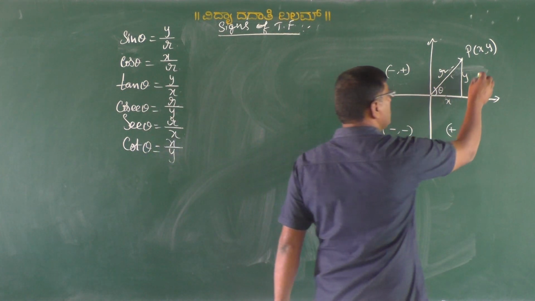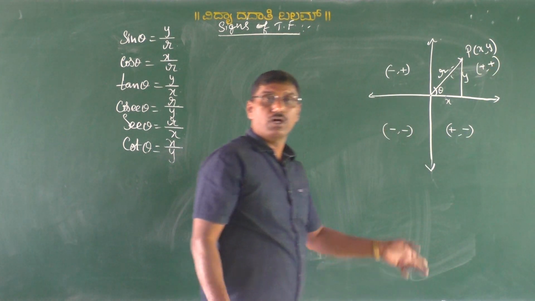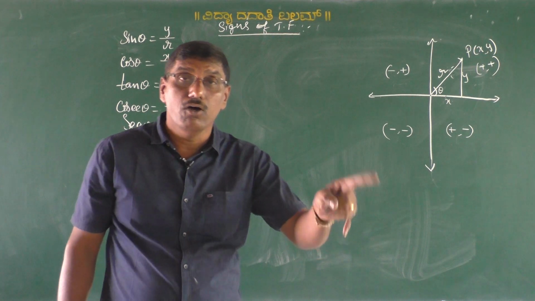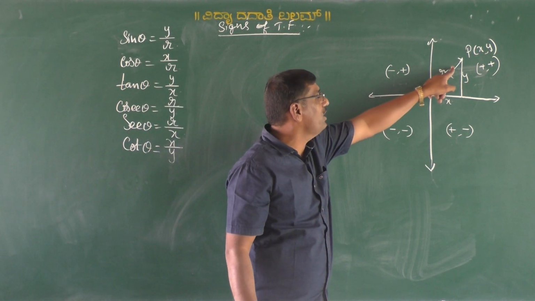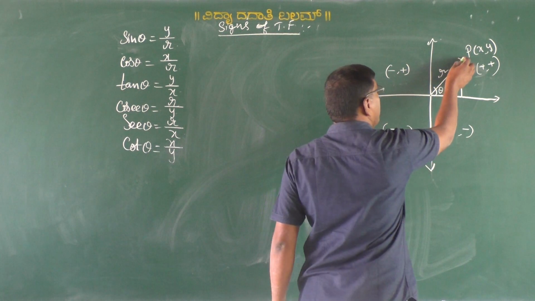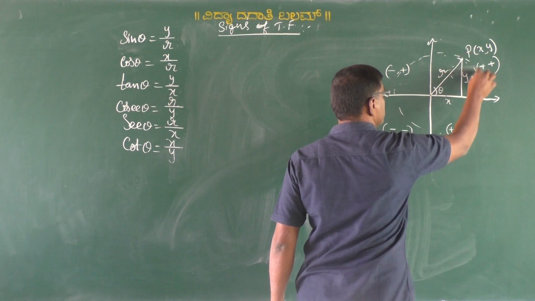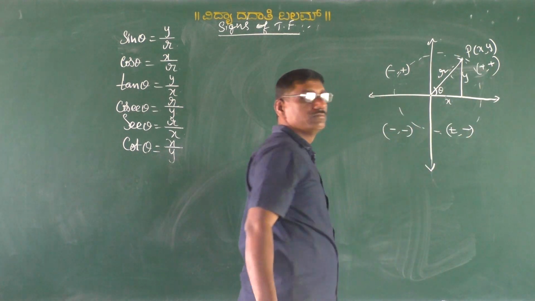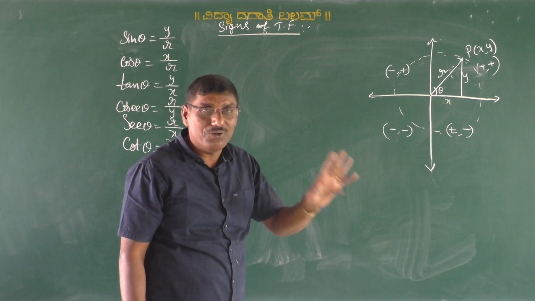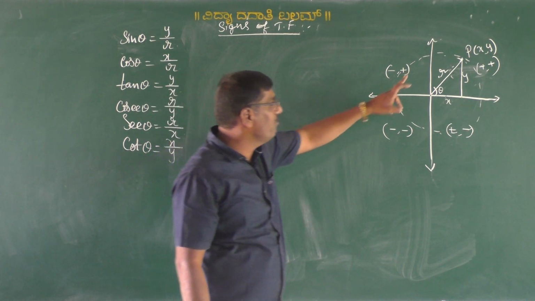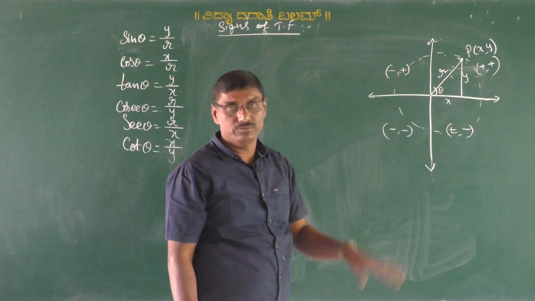Here both x and y are positive. And also r is always positive, because that is the radius. If I draw a circle, that is the radius. In a circle, r is always positive, x is positive and y is also positive here.